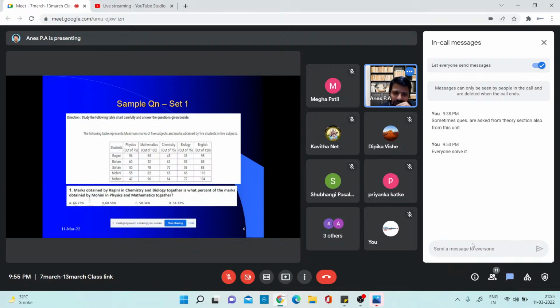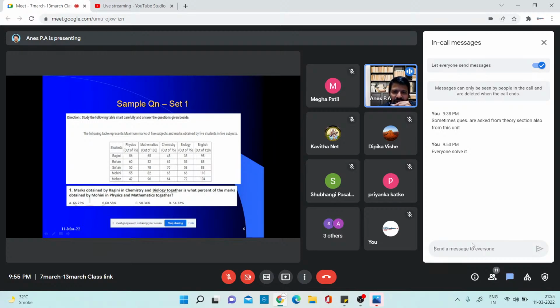I will read it. Marks obtained by Ragini in chemistry and biology, the two columns chemistry and biology, together is what percent of the marks obtained by Mohini in physics and mathematics together?